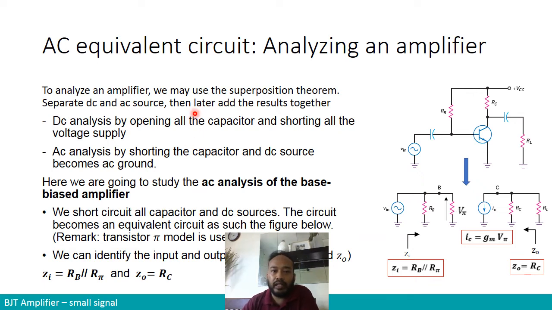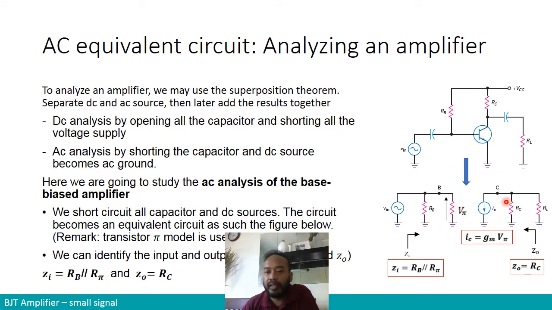So now, once we have a model, we can do analysis of the BJT, right? Once we have a circuit, for example like this one of an amplifier, to make the analysis simpler, we convert it into an equivalent model.